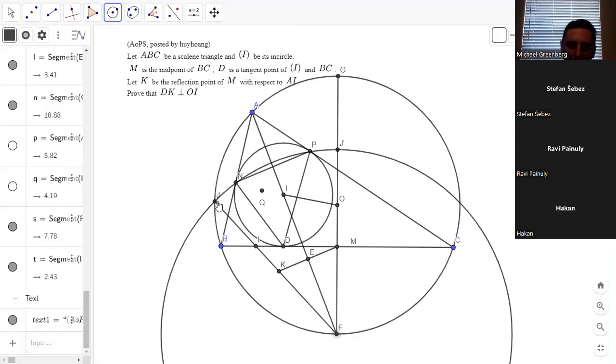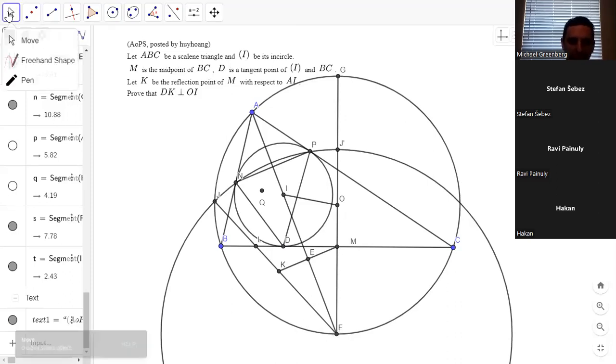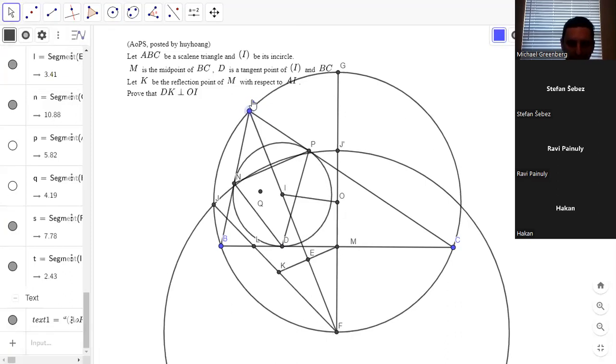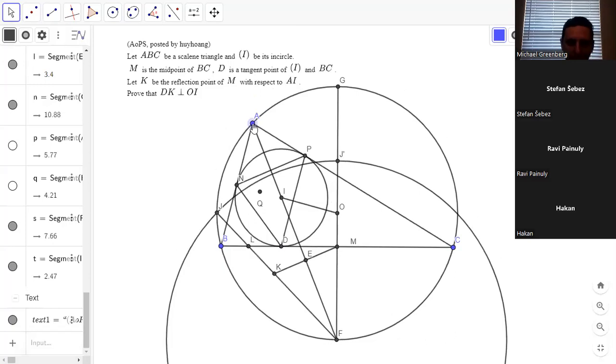I would be very surprised if FJ equals FN, but I'm going to check it. Yeah.